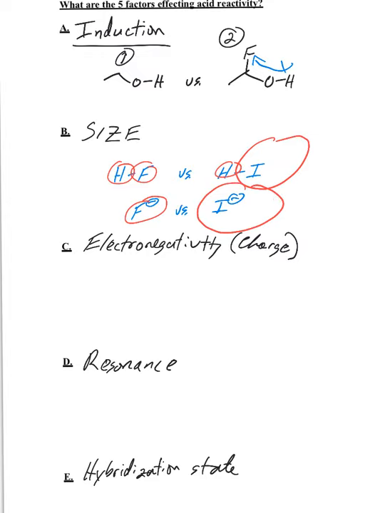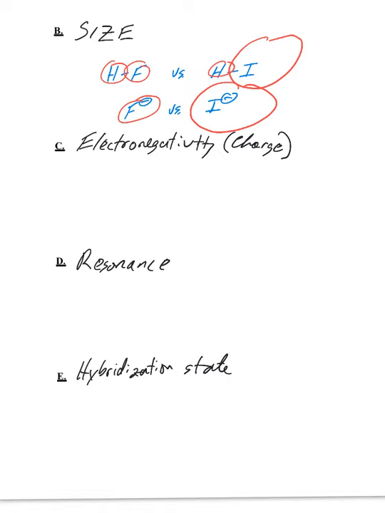Also, size is a periodic trend that goes up and down the columns. The one that goes from left to right, of course, is electronegativity. OH versus NH. Which one's a more reactive acid? The OH, because oxygen is more electronegative. That's a more polar bond. Easy one. It's kind of like induction, too.